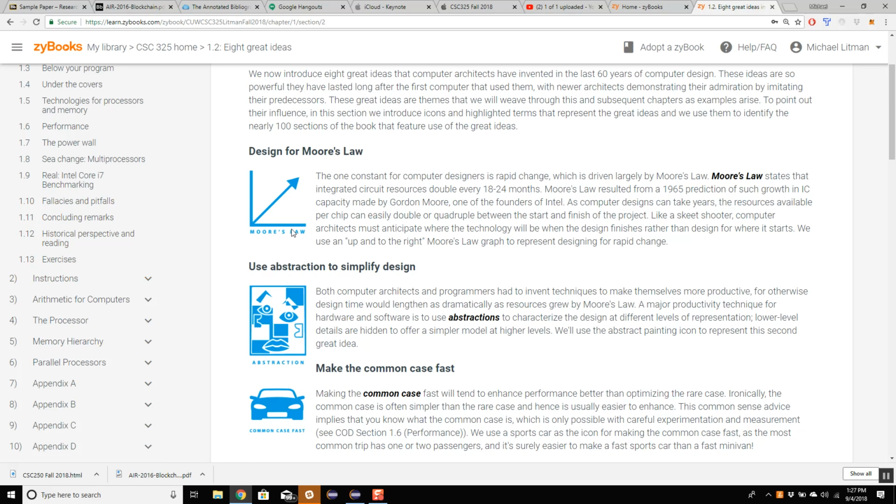Now, from a computer architecture perspective, if you're building the CPU or you're building memory, why is the underlying concept of Moore's law important to you?